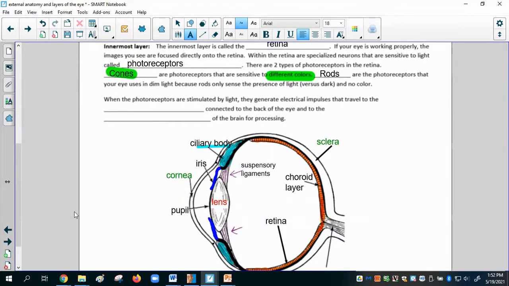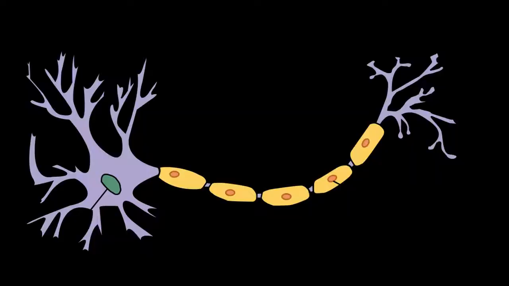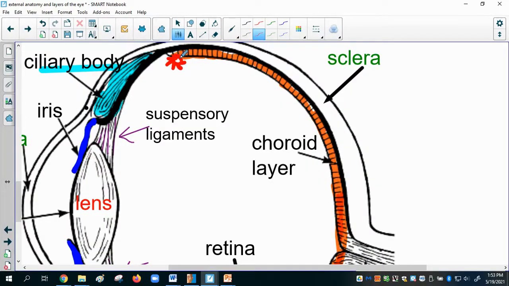Now, what happens when light comes in the eye and hits the rods and cones? When the photoreceptors, rods and cones, are stimulated by light, they generate electrical impulses that travel to the optic nerve connected to the back of the eye. So I'm going to do something a little strange here. If you remember what a neuron looks like, we've got our cell body with our little dendrites. Of course, it's not a perfect replica of this. That would be all throughout the retina, all the cell bodies and their dendrites.